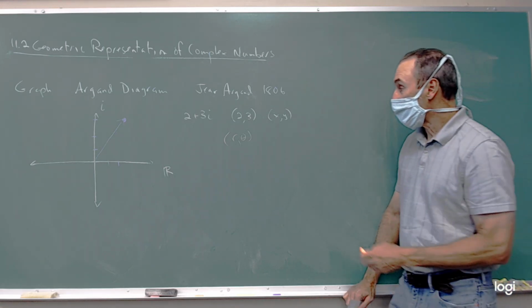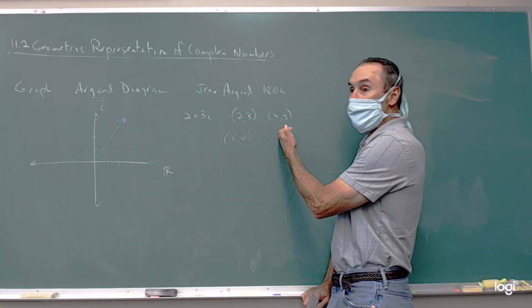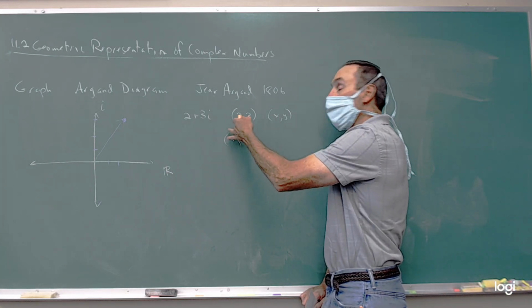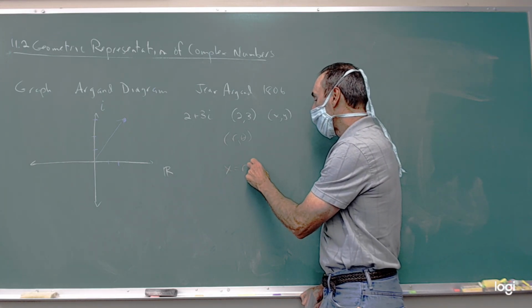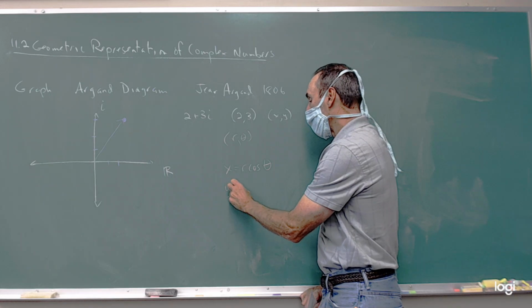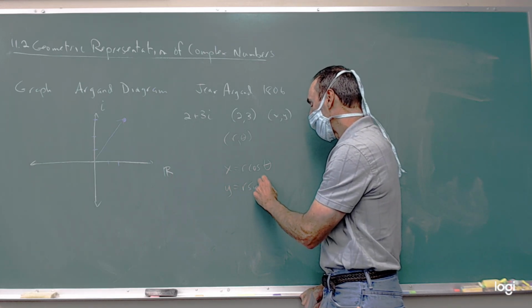Using what we talked about last time, we know the connection between these: x is going to be r cosine theta, and y is equal to r sine theta.